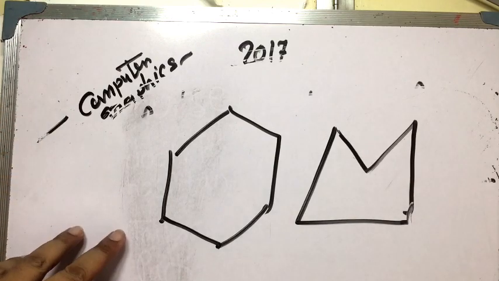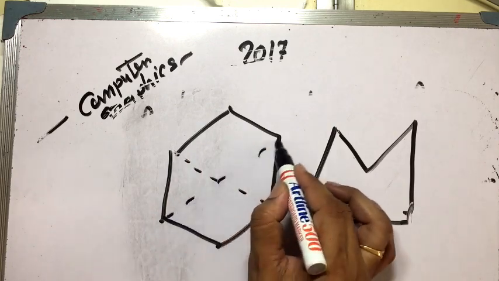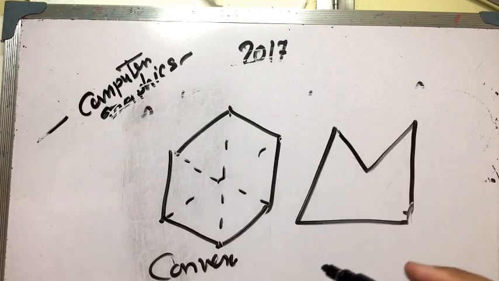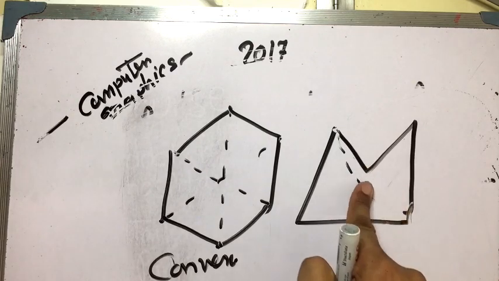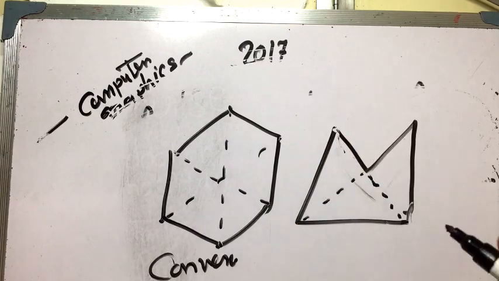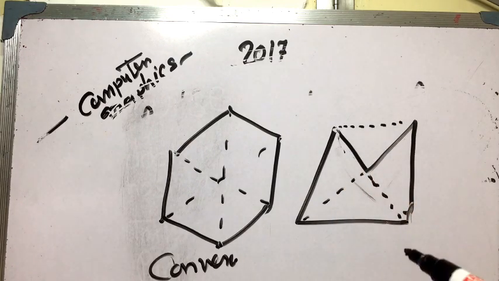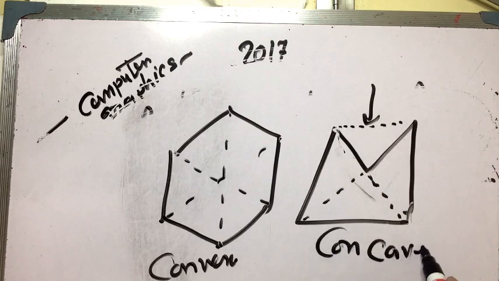If we draw the diagonals, all diagonals are interior, that is convex. Here in the other polygon, if we connect the diagonals, most are interior, but one diagonal is exterior. If we find even one outside, that is exterior, that is concave.